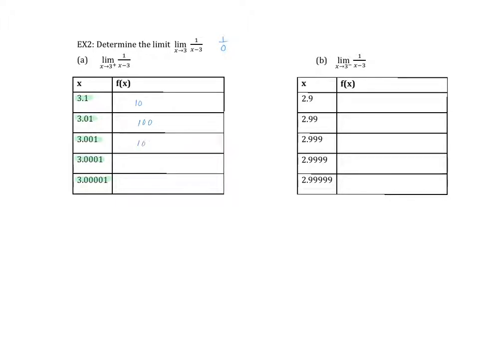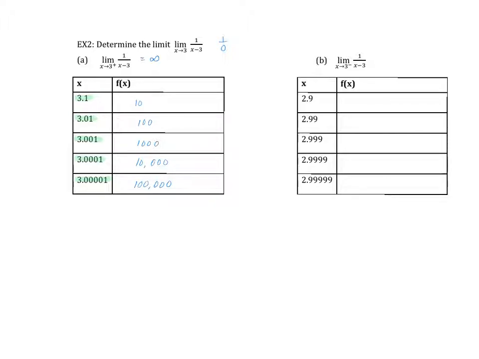And then I'll get 1,000, 10,000, and 100,000. So that tells me as I approach 3 from the right, this is going to be equal to a positive infinity, because the numbers are getting larger and larger as I get closer and closer to 3 from the right.